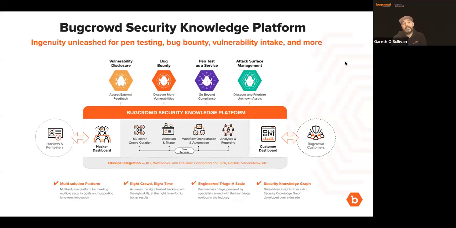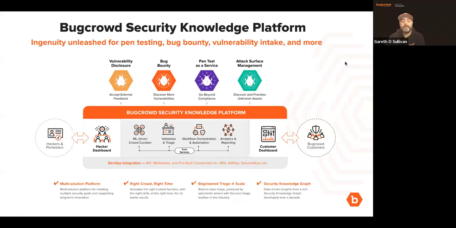There's a machine learning driven crowd curation capability built in, so that we're able to drive the right hackers to the engagement based on their skills, their capabilities, and their interests in testing and helping identify issues in specific technology stacks. We have an internal team who do all the validation and triage for results that flow through the different program types.